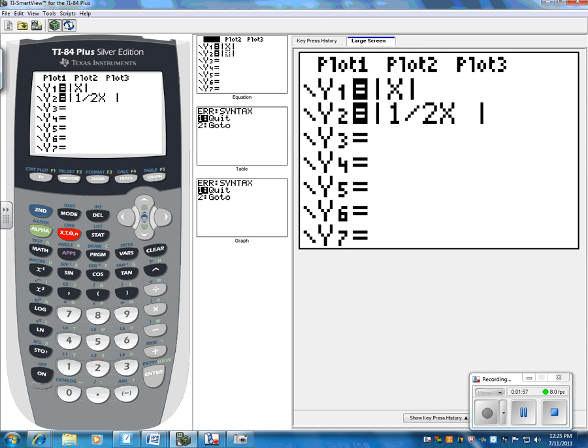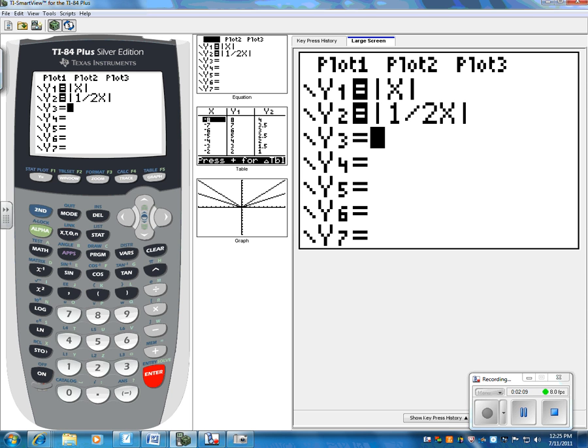Now, generally I would say take your fractions and put them in parentheses. But we have the absolute value symbol right there, so we're not going to worry about that, because that is treated like a parenthesis. So hit enter, and it's going to give us our second graph.